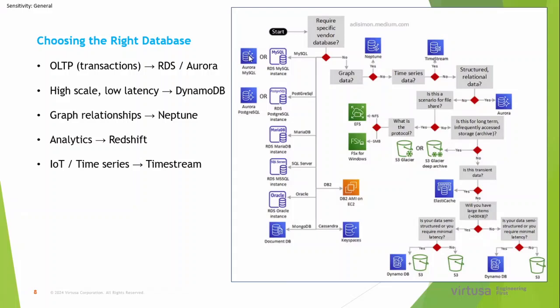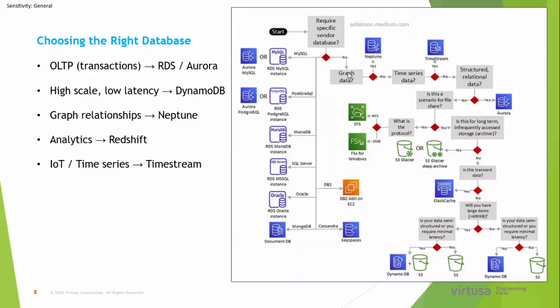If your data is relational work or transaction-based, you have to go to Aurora or RDS. Under that, you have different types. Okay, you can select one type of database based on these things.